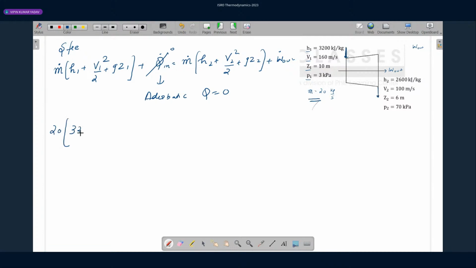H1 is 3200 plus 160 square by... Now always remember one thing, it is very important. If enthalpy is given in kilojoule, then you have to take 2000 here; if you are taking 2, then enthalpy you have to take in joules.